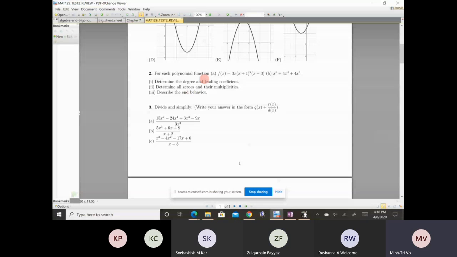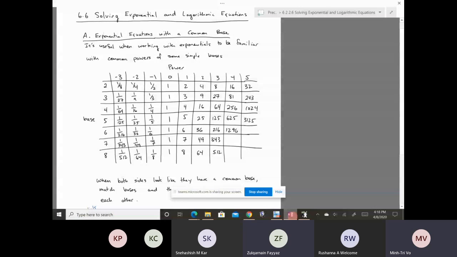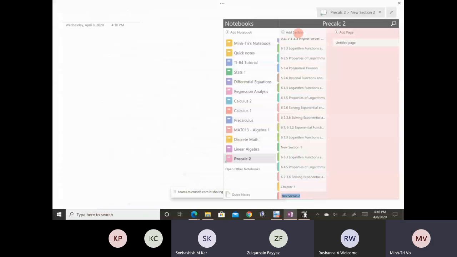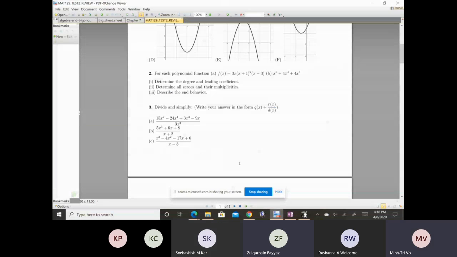In any case, the degree is just adding the multiplicities together, right? Yes. What is the function? Let me just copy that.